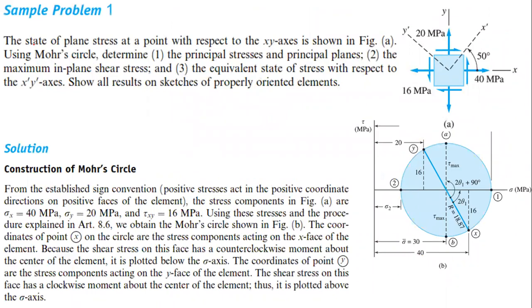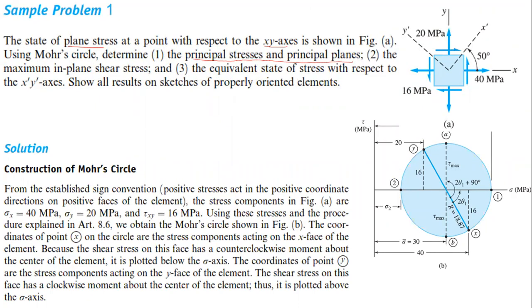So, sample problem 1. The state of plane stress at a point with respect to XY axis is shown in figure A sa right. Using Mohr circle, determine the principal stresses and the principal planes.